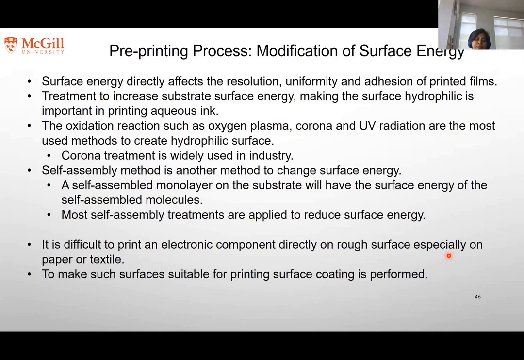Also, paper-based substrates or textiles are pretty rough surfaces, so it is difficult to print electronic components directly on them. So we normally want to smooth the surface before printing with some coating.